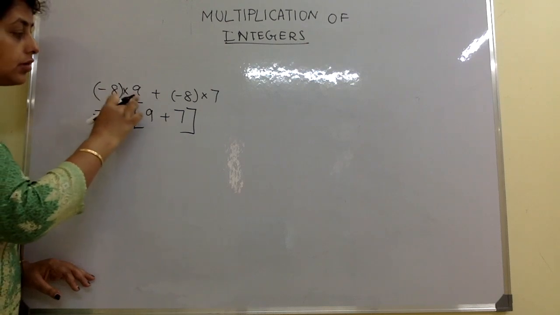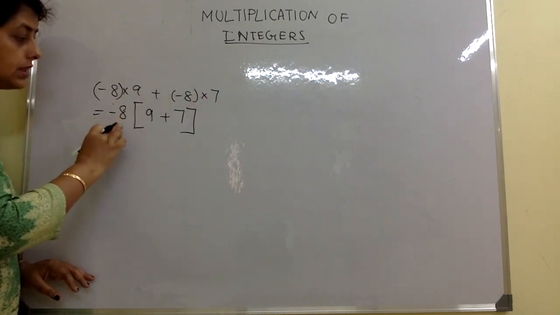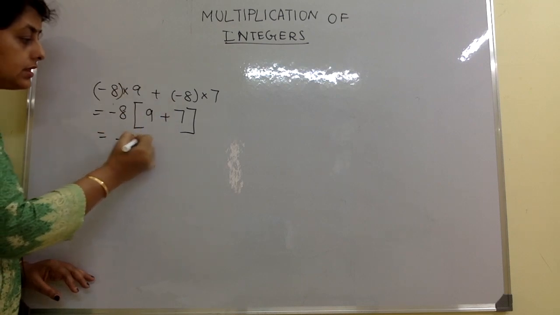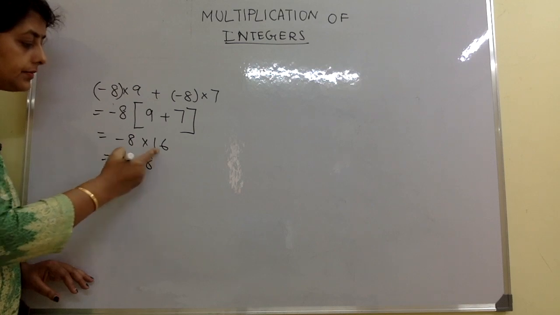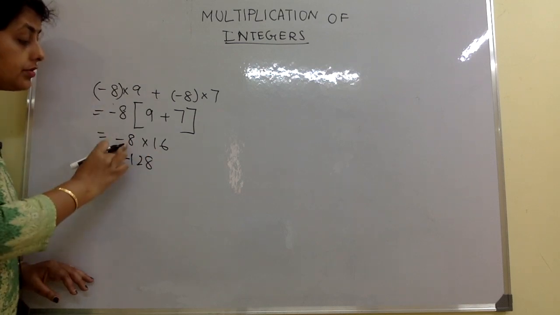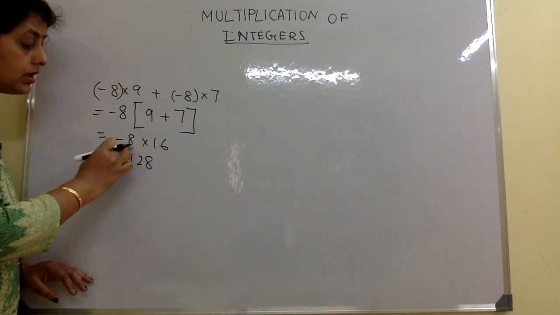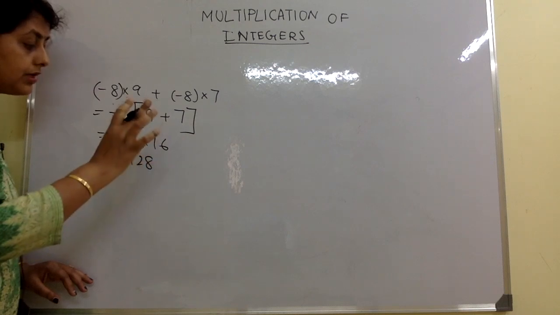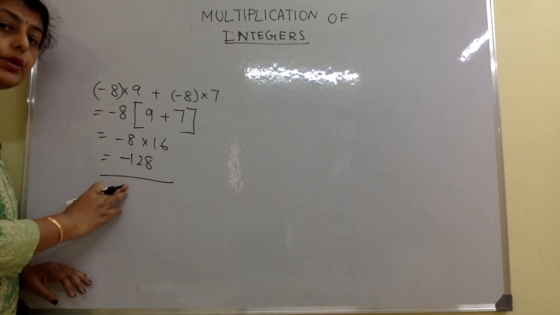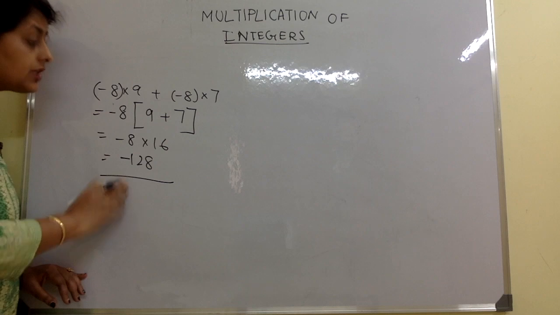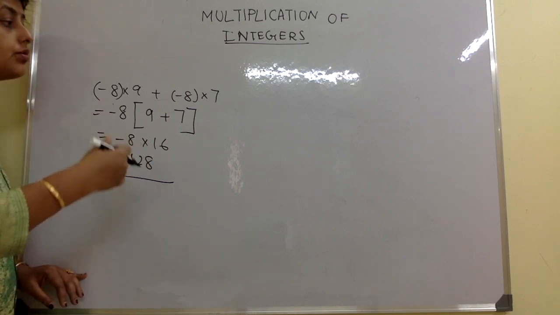A into B plus A into C is A into B plus C. Minus 8 into 16. 6 8s are 48, 4 and 128. So this is minus 128. This is the final answer, but then we took a shortcut.